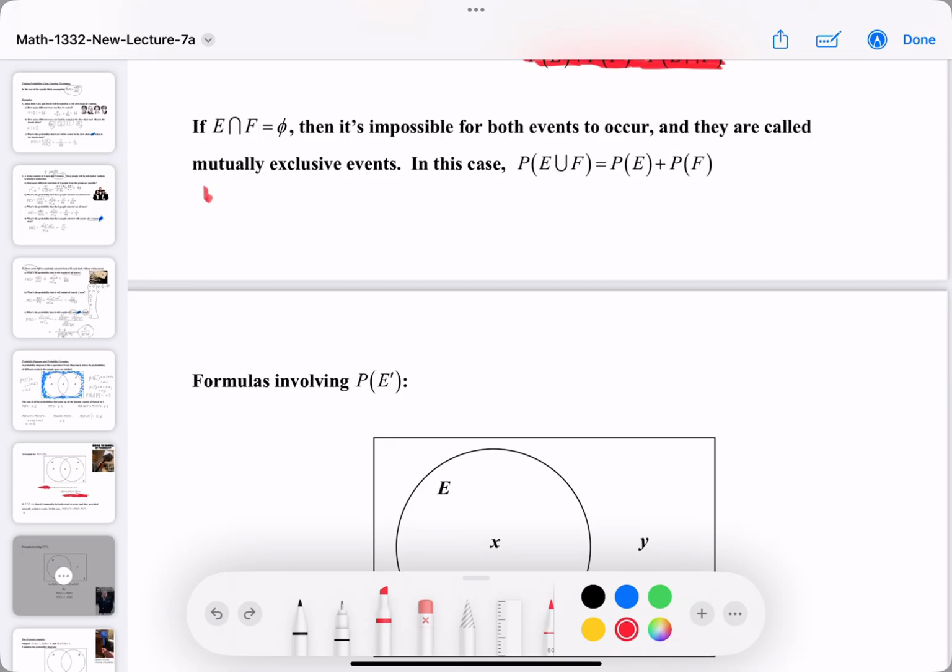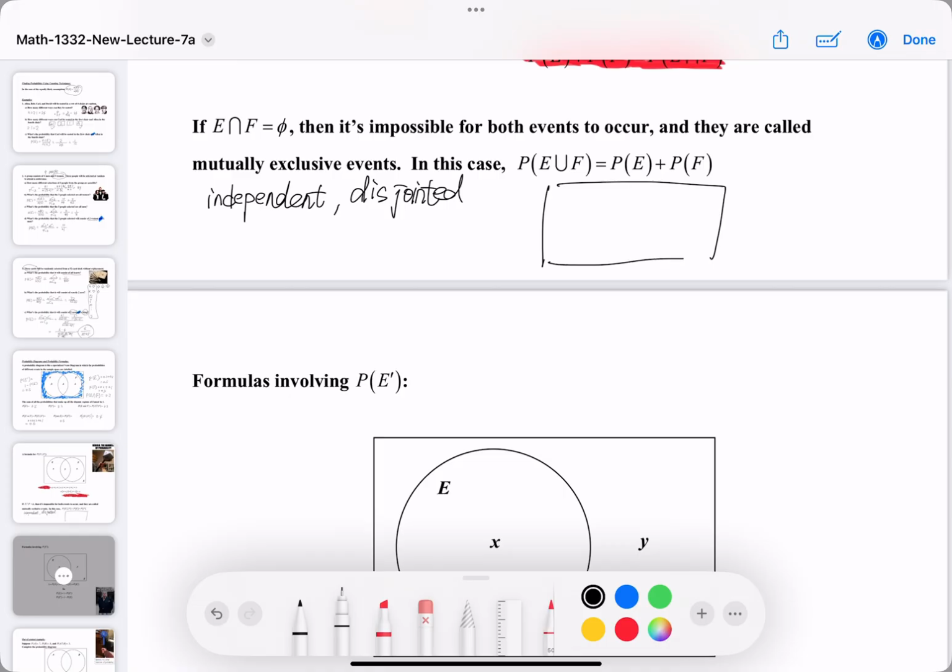So two events, they are independent. And some books will say disjointed. For example, if I have two events, event F and event E, the intersection is the empty set, so no intersection. F and E, they are mutually exclusive events or independent or disjointed two events.